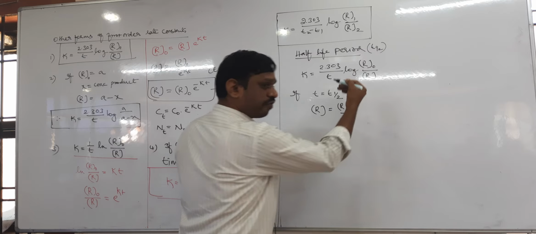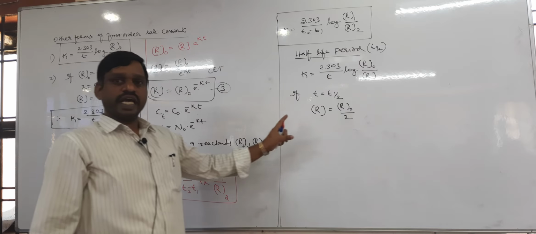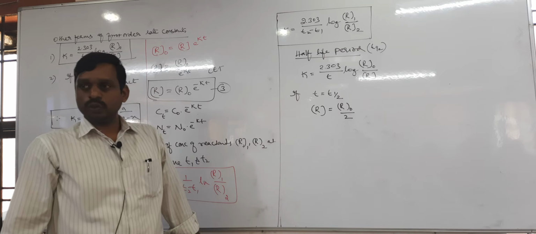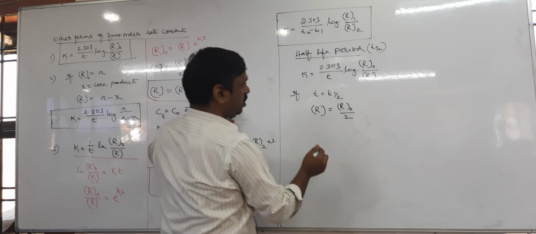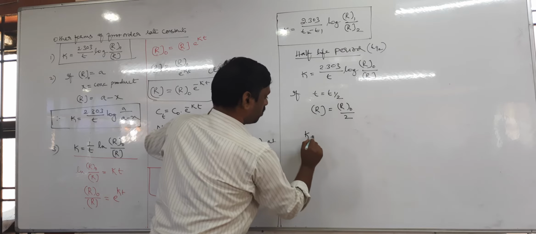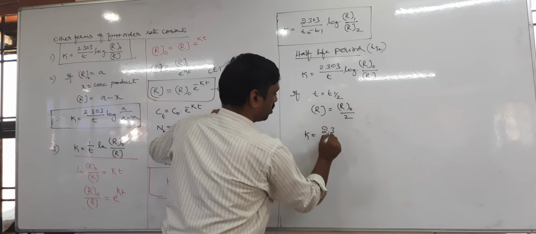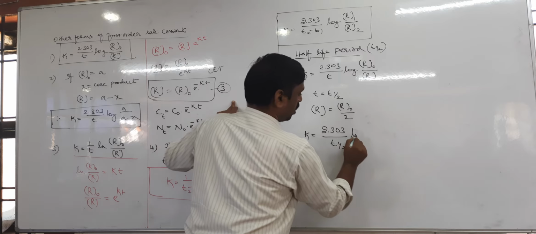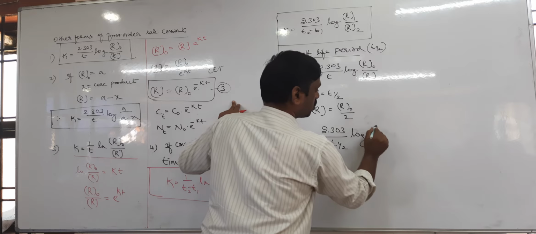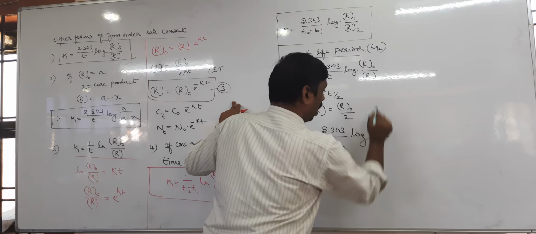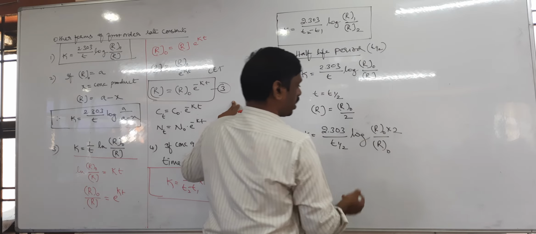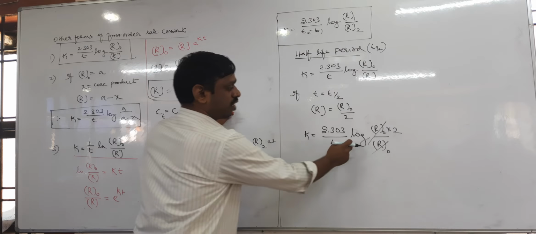So substituting in the above equation, K equals 2.303 by T half, then log base 10 of R naught by R, which is R naught by 2. So you will get log 2.